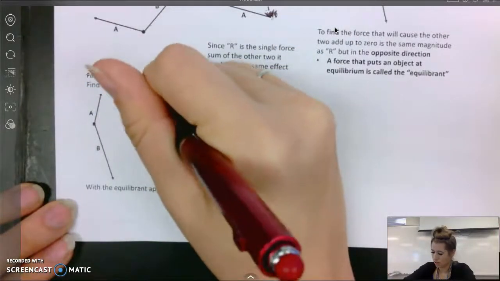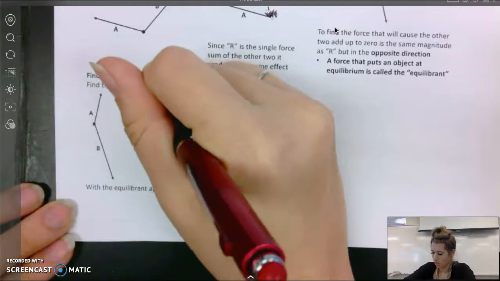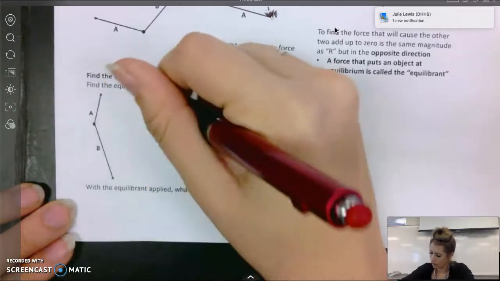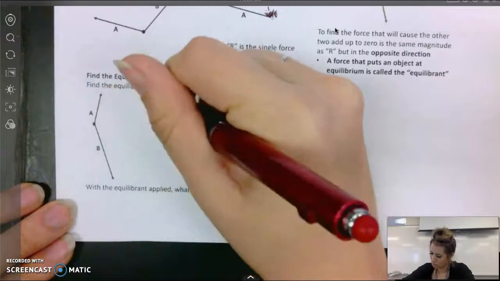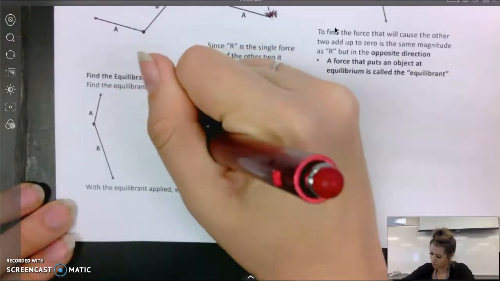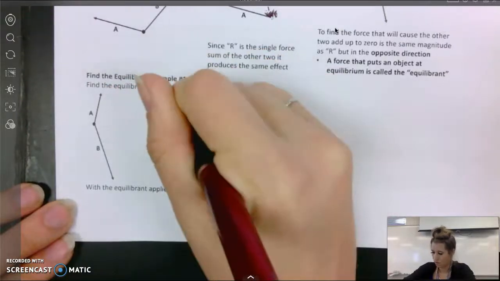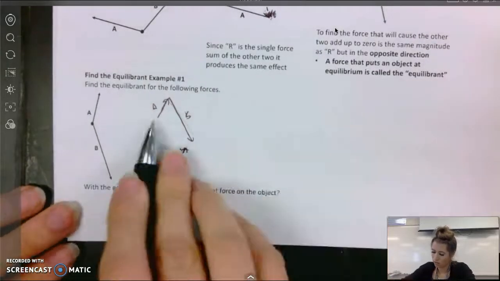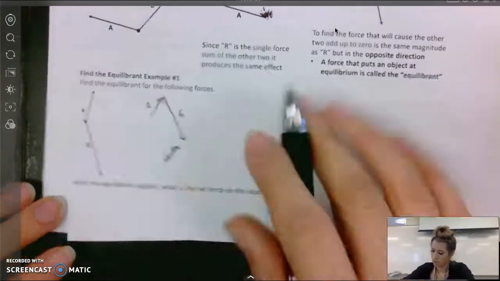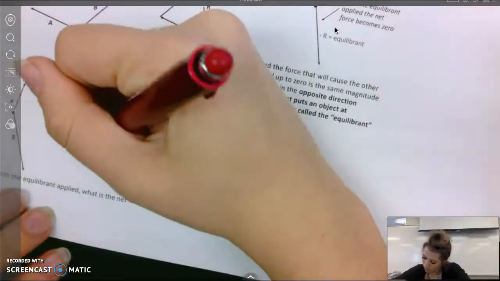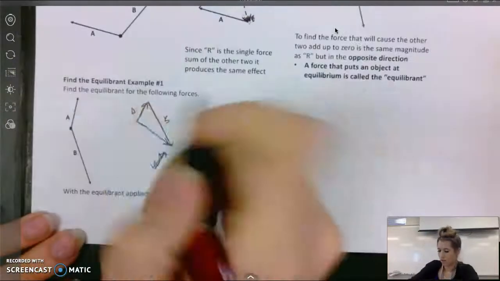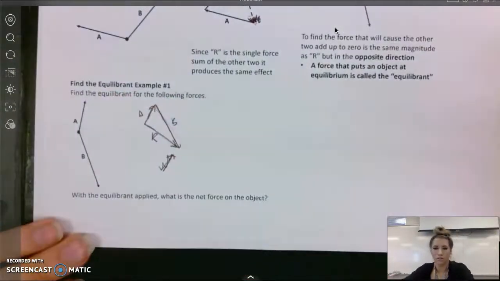So we're going to take A, and then we're going to add our B vector. Okay? And our resultant would be from the tail of the first to the tip of the second.